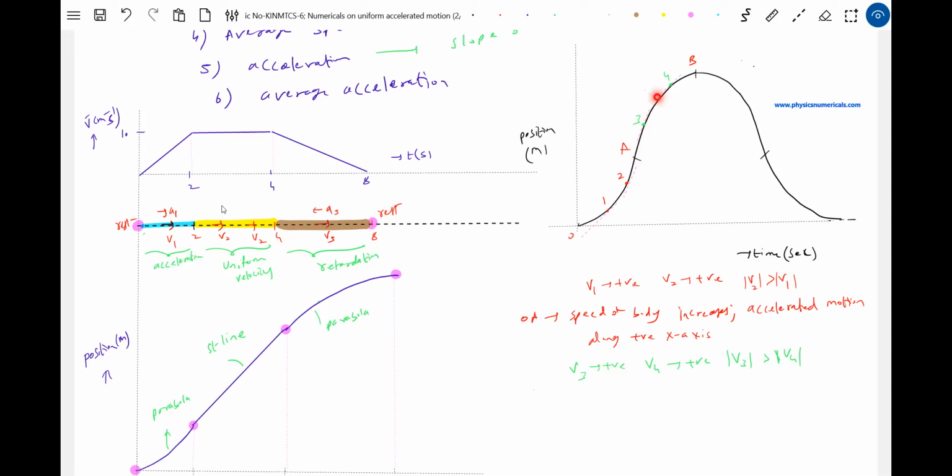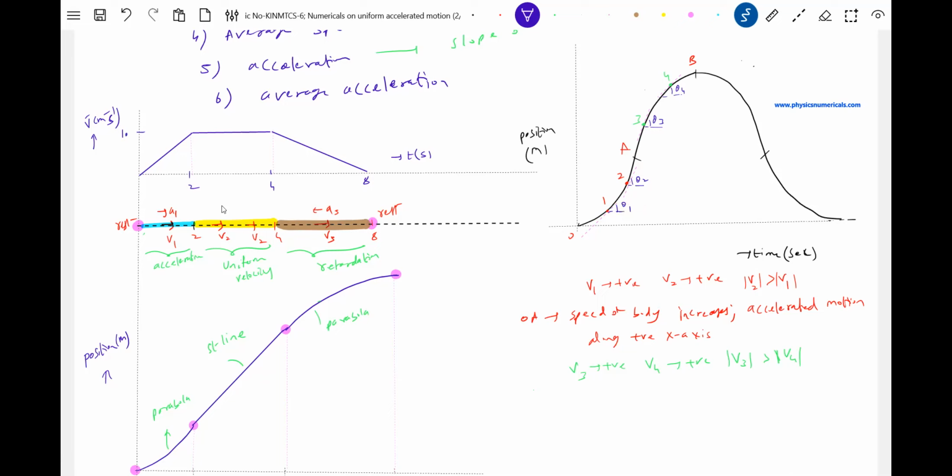The angle made by the tangent with the horizontal will be less here, and for clarity I will indicate that angle also, theta 4. Looking at this, you can directly write it, no? Which angle will be more?